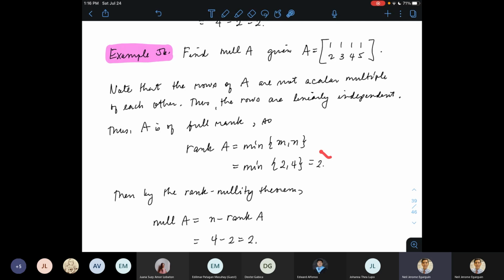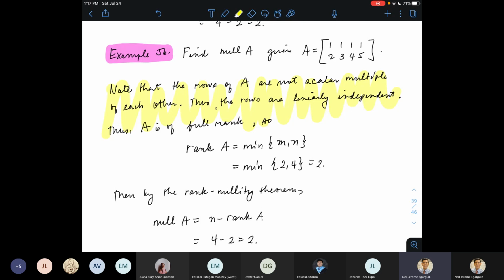So that's equal to 2, or actually, ginamit ko pala dito yung isang theorem which says that kapag, actually, let me rethink the statement I put here. Anong sabi ko dyan? Note that the rows of A are not scalar multiples of each other, which is true.